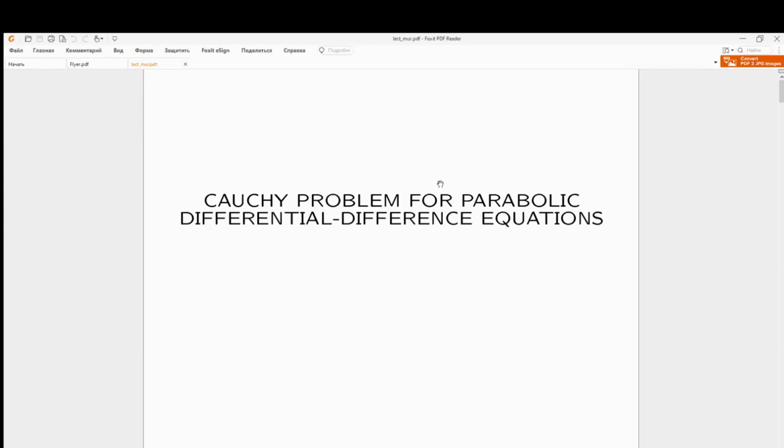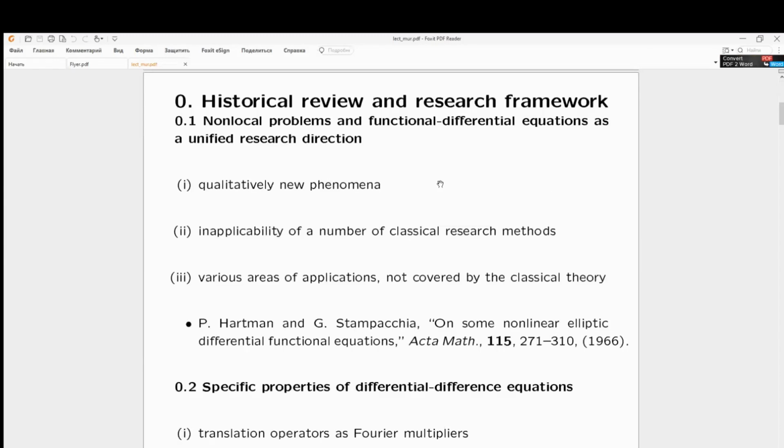And in this case, all the phenomena where we have to link values at different points do not get into our scope. This is a very general explanation of the motivation to study functional differential equations.